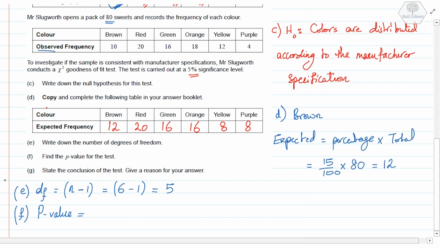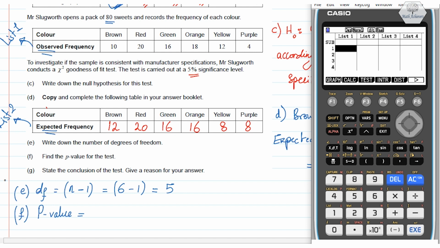I fill in the observed frequency in list 1, and the expected frequency in list 2. In list 1, I have 10, 20, 16, 18, 12, and 4.